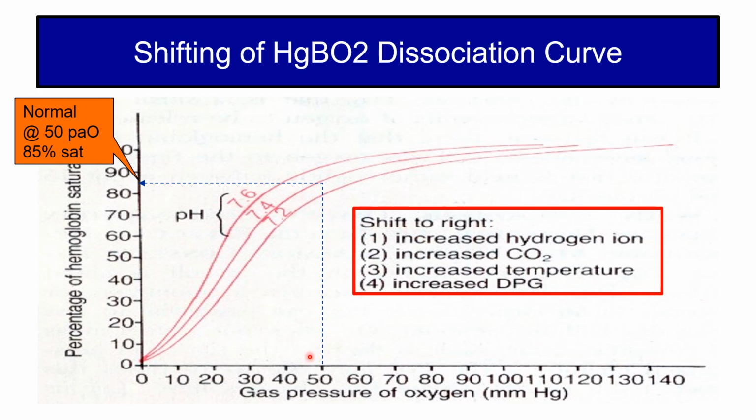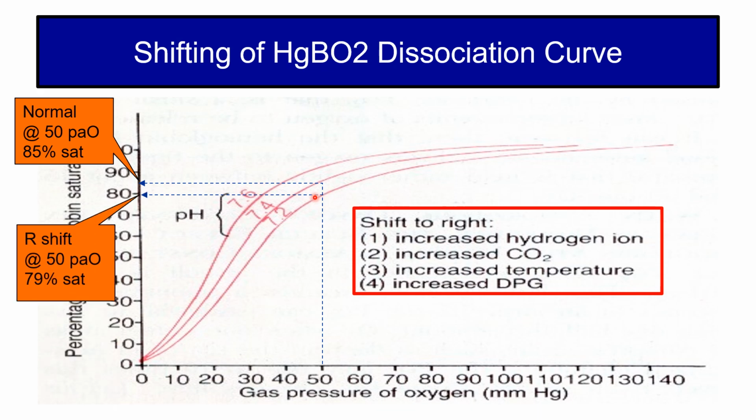So what will happen if there is a shift to the right? Again, at an oxygen tension of 50, let us see what the saturation will be if the curve is shifted to the right. We can see that the saturation is 79. So from 85, when it is shifted to the right, it is less saturated, meaning that the hemoglobin is rejecting oxygen.